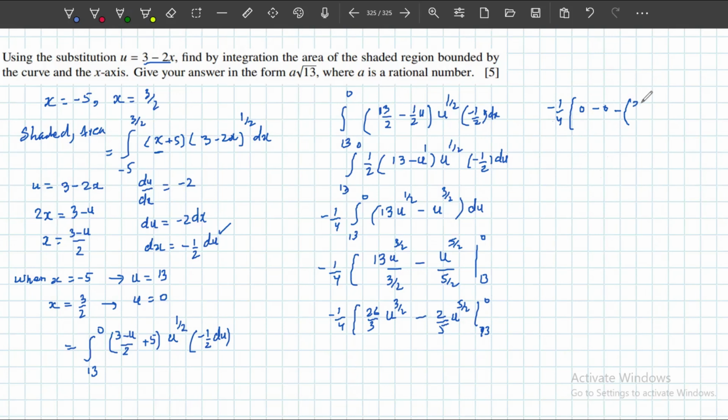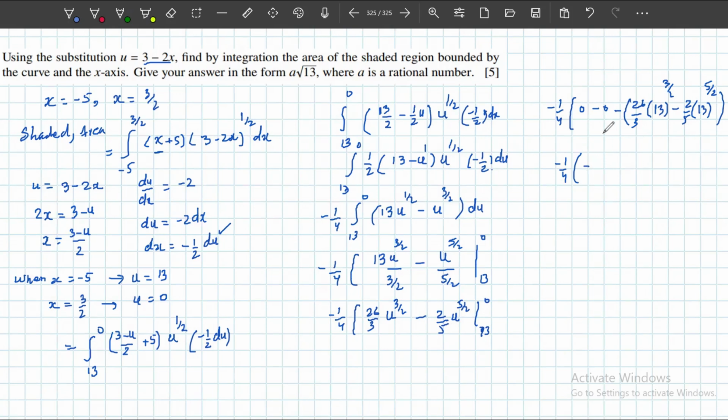So 26 over 3, in place of u, I would say that it is 13, and the power is 3 by 2, minus, then we are going to apply 2 over 5. In place of u, we have 13 and power 5 by 2. After this, we will try to simplify further and see we have minus 1 by 4.